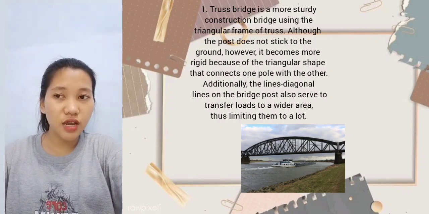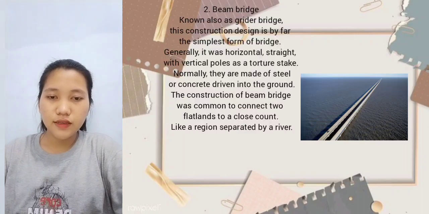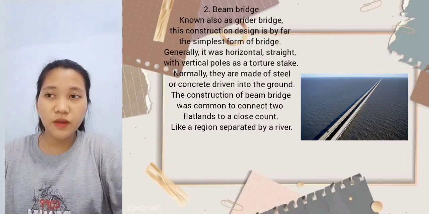Additionally, the diagonal lines on the bridge posts also serve to transfer load to a wider area.